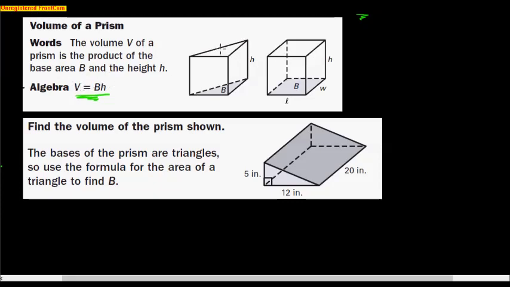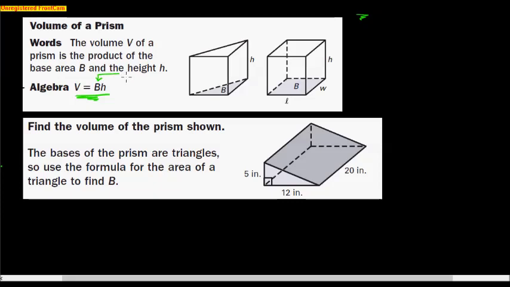A prism really is any kind of box, or this one here is a triangular prism because it has triangles at each end. All right. So the thing you've got to be careful with though is a lot of people like to think that this big B stands for the base.